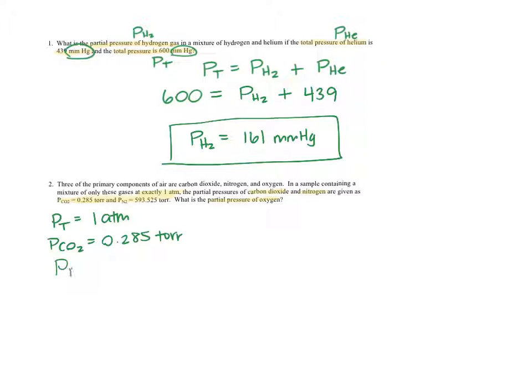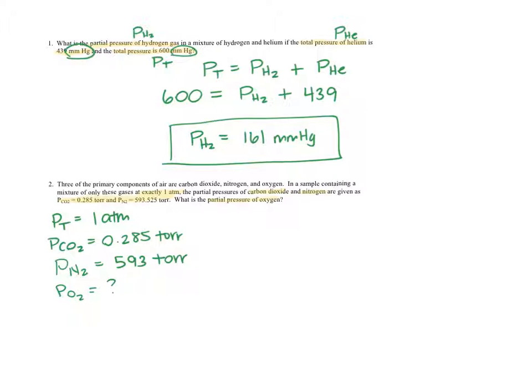My partial pressure of nitrogen is going to be 593 torr. And then I'm solving for the partial pressure of the oxygen. Remember O2 because it's diatomic. I'm going to put a little question mark because that's what I'm solving for.